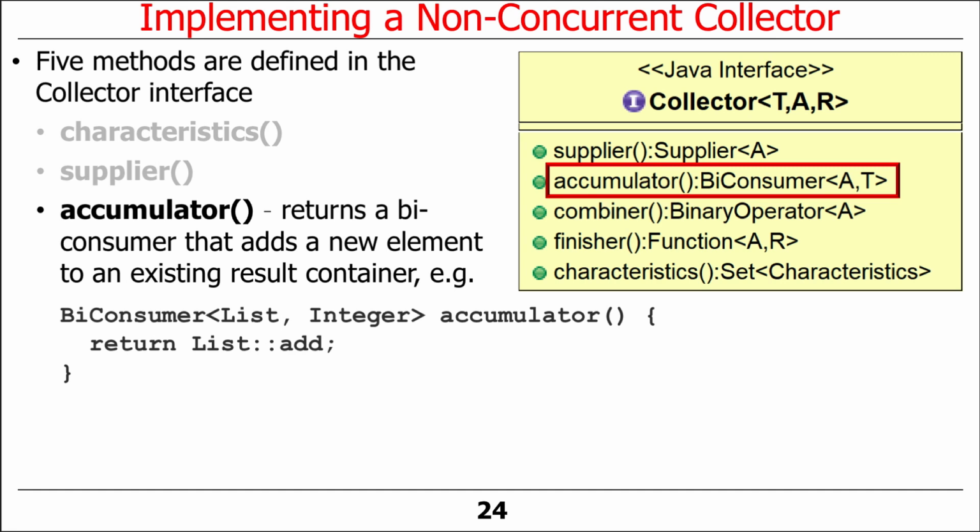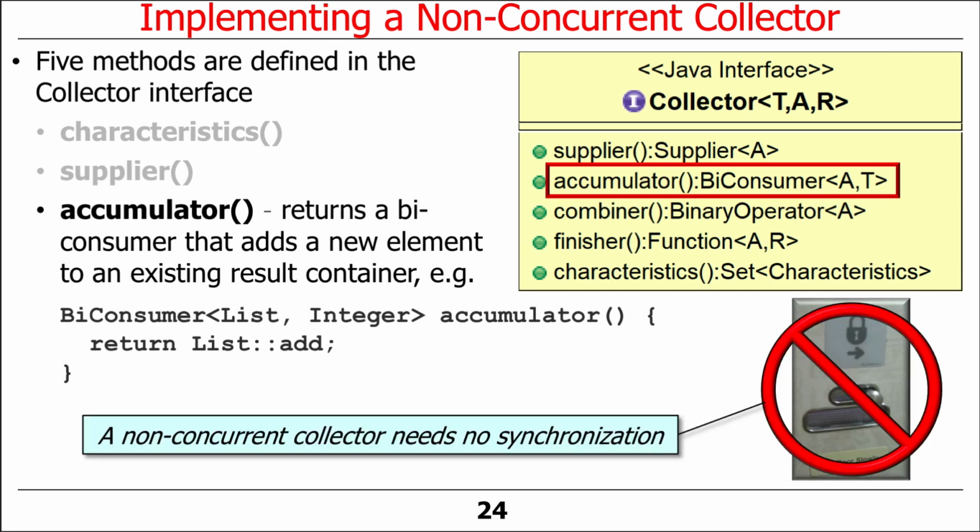So we're returning a method reference to the add method, which is what's used to take the next element in the stream and add it to the mutable result container, which in this particular example is a list. You can see up here, the part in red is the actual parameters that are defined. So it takes an accumulator, which in our case is list, and a type T, which in our case is Integer, and it returns a BiConsumer, and list::add is something that will fit that particular type. So it's a BiConsumer. A non-concurrent collector needs no synchronization for its accumulator. So this works perfectly fine.